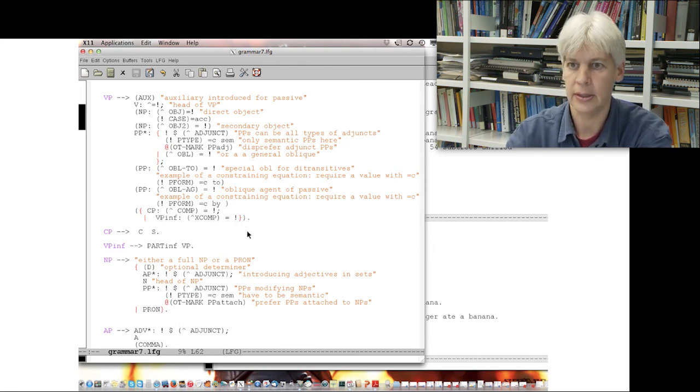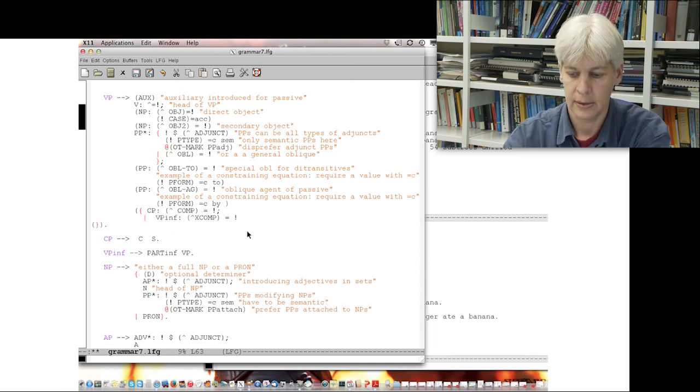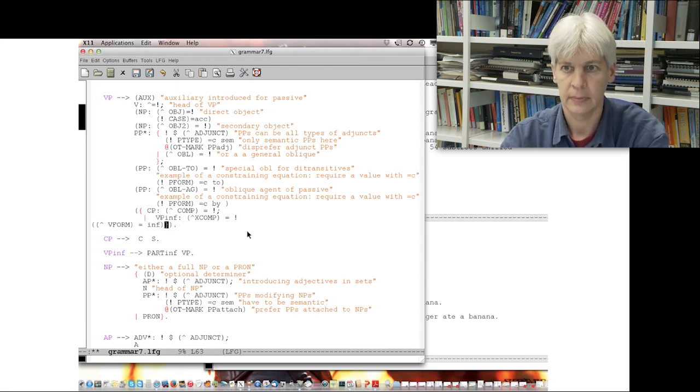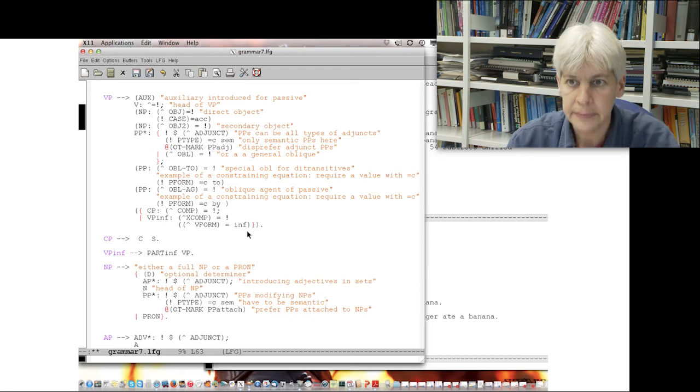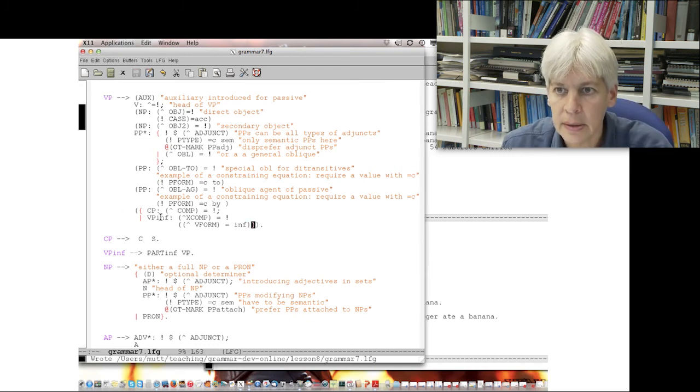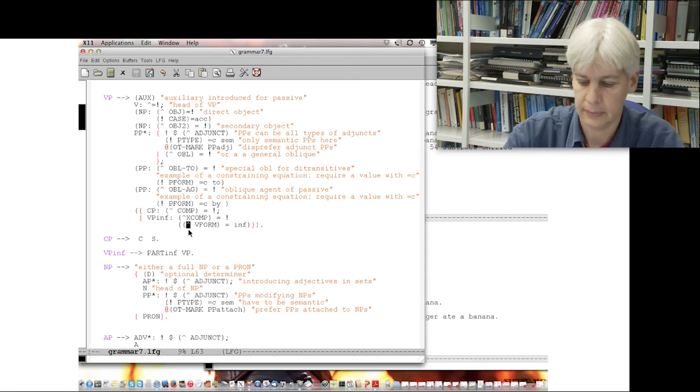We'll constrain that here too. We'll say up's V form, just to make sure, is equal to infinitive. Okay. There's an extra bracket here.